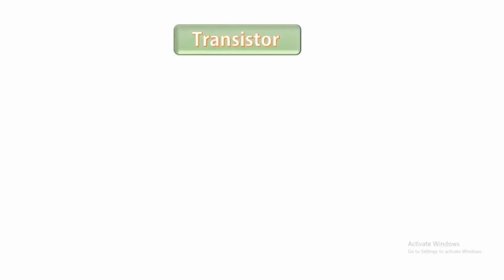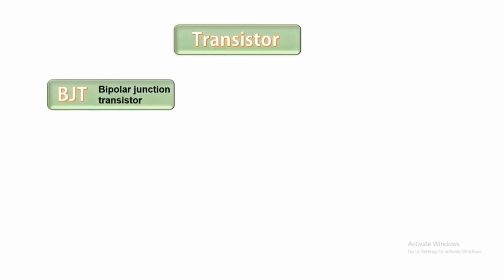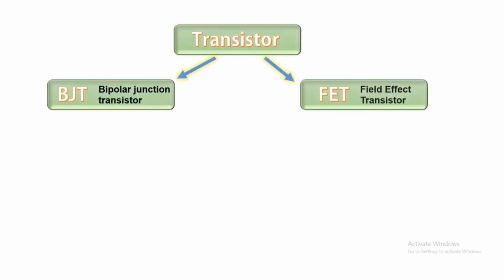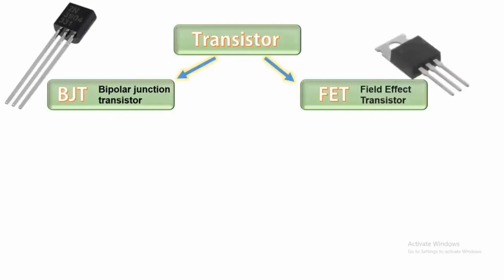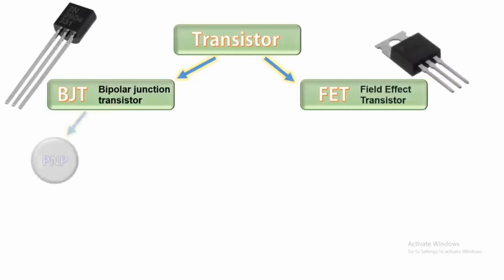The transistor mainly has two types: BJT, which is called bipolar junction transistor, and FET, called field effect transistor. The BJT looks like this, while the FET transistor looks like this. The BJT transistor further has two types: PNP transistor and NPN transistor.